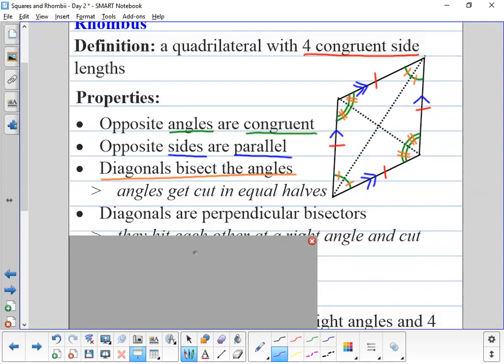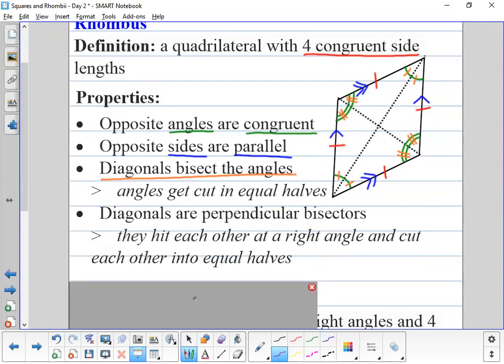What else did we discover about the diagonals? We discovered that the diagonals are perpendicular bisectors. That means they hit each other at a right angle. They're perpendicular bisectors, so they hit each other at a 90-degree angle. And since they are bisectors, that means that they cut each other into 2 congruent halves.